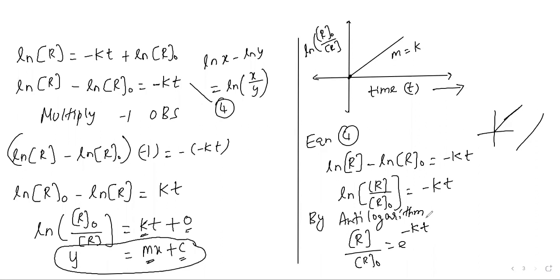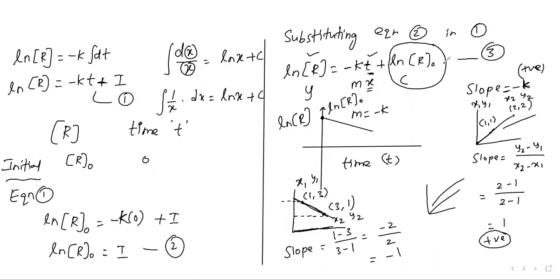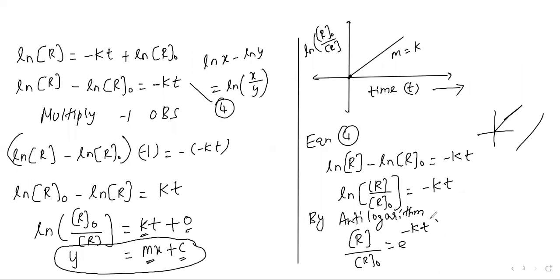This is also one of the forms. See, whatever equations we have done so far, either equation 3 or equation 4, from this you will be able to find the k value when you know the initial concentration and the concentration at some time.